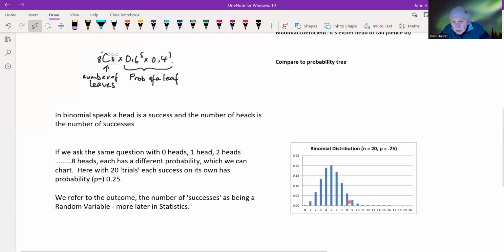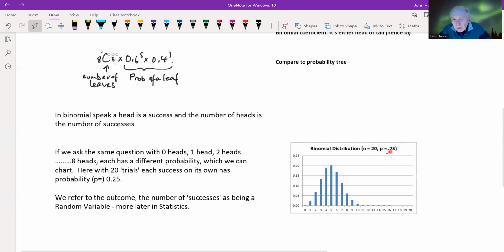This shape is basically the binomial distribution, which we'll get to when we're doing the statistics section. We're doing 20 trials, probability of 0.25, so we would expect 5 successes to be the most likely figure. That's borne out by this, isn't it? The bar for 5 successes is the highest. So yes, it supports that idea.